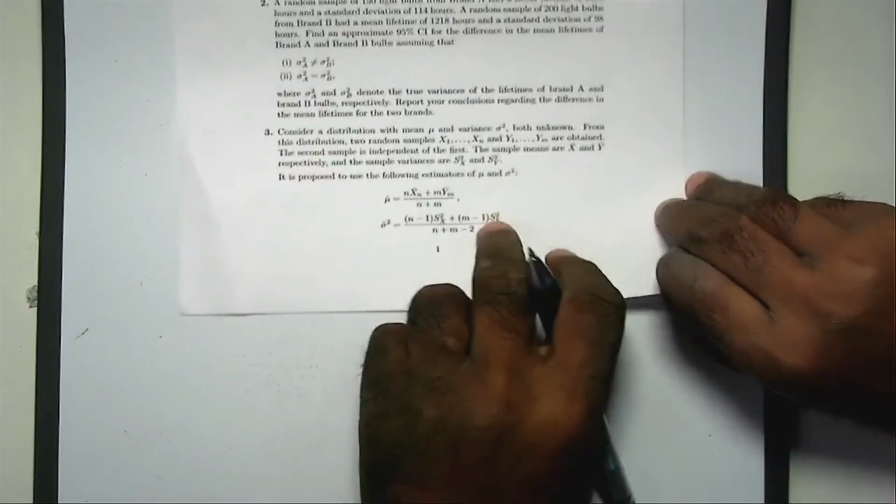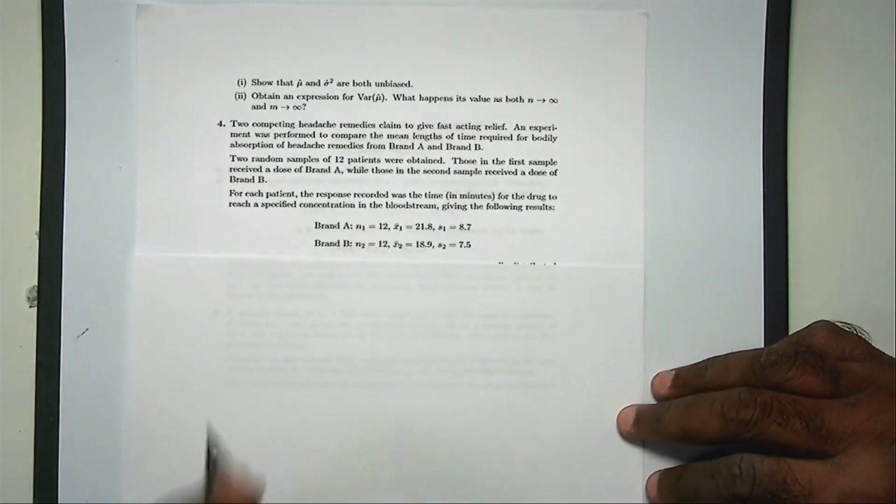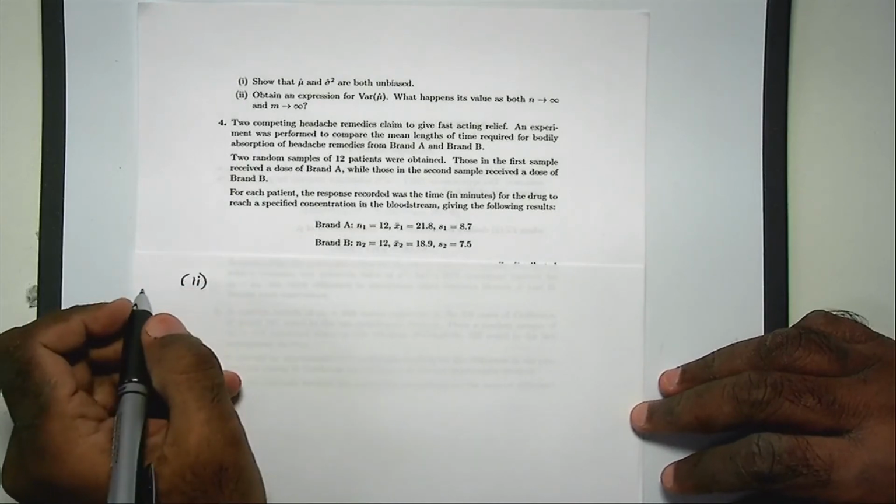Now, the second part is to obtain an expression for the variance of mu hat and what happens when both n and m approach infinity. Alright, let's see how we can do that. Part 2. Okay.